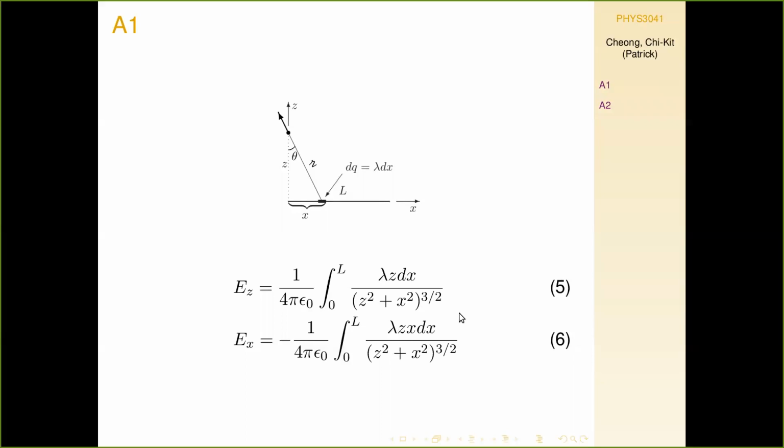So with some change of variables, you can substitute cosine theta and sine theta with the coordinate variables we know. So we can express the integration in the following form.